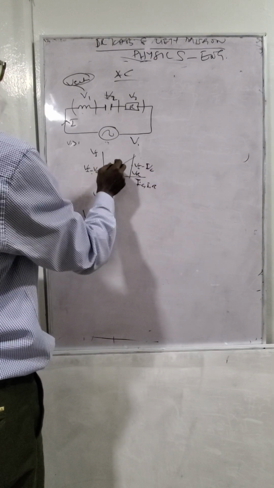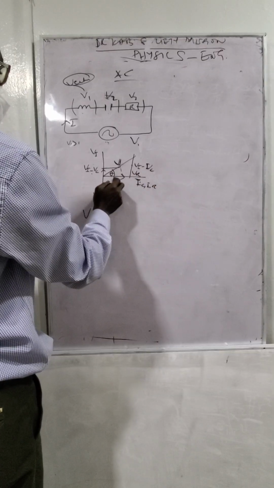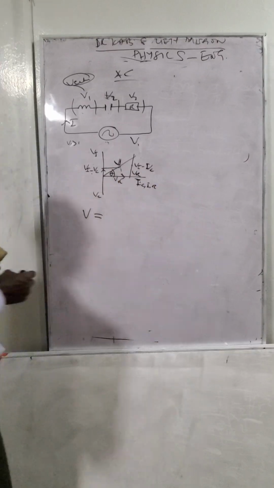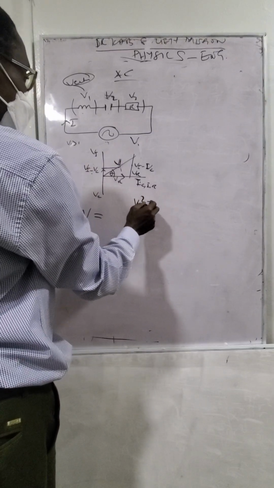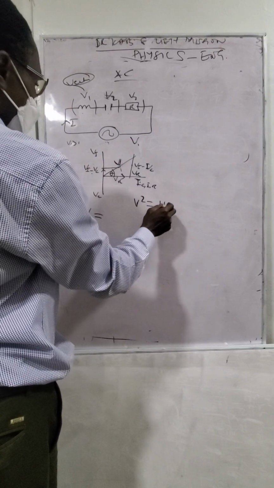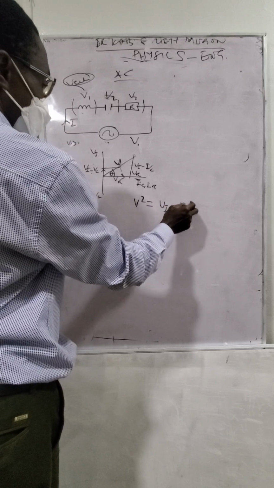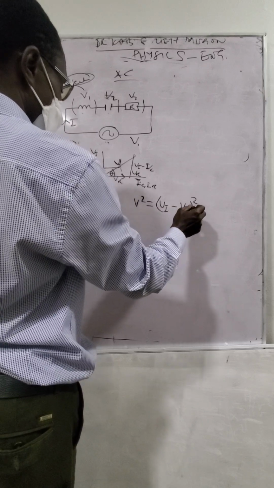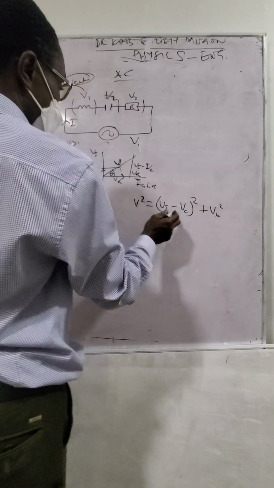We can say that V squared is equal to (V_L minus V_C) all squared plus V_R squared.